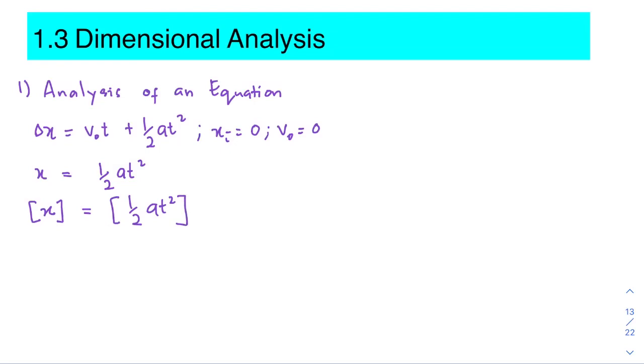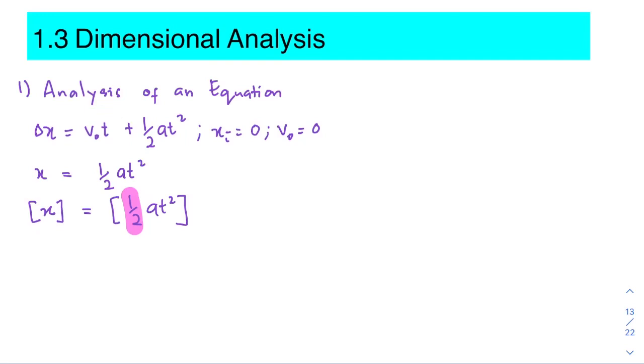For the numerical value half here, it has no unit. It's just a numerical value. The ones that have units are a and t squared, as well as x. So when you open up the bracket, we drop the half because it has no units. Remember, dimensional analysis is about analyzing the units or the dimension of an object.